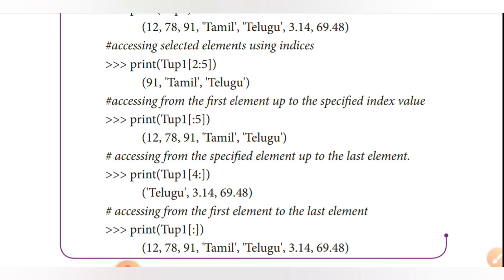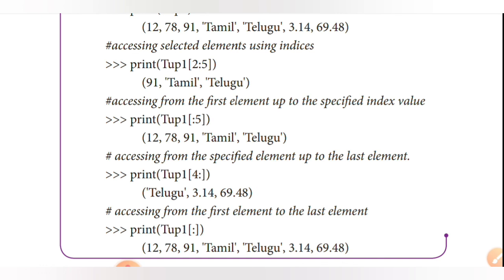Now accessing from the first element to the last element. If you want to show all the elements on the monitor, we can use the range operator alone, that is colon. Otherwise we can use the tuple name alone. In print tup1[:], we are not specifying the start index value or the stop index value, only the colon.